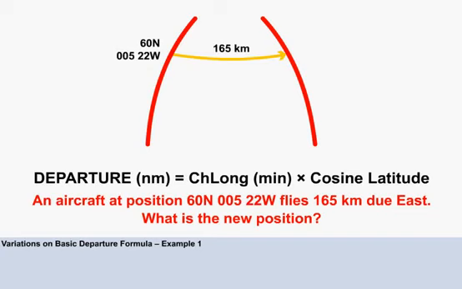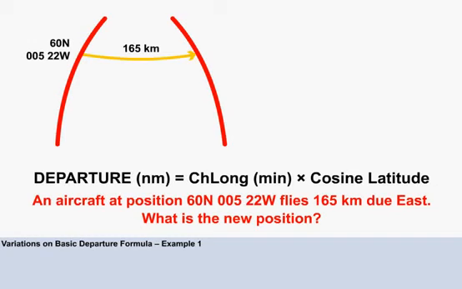What's the new position? Firstly, convert 165 kilometres to nautical miles. To do this, divide 165 kilometres by 1.852. The answer is 89 nautical miles.